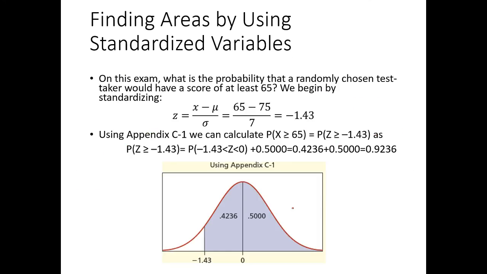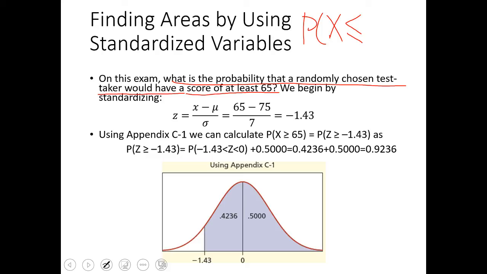Okay. So then the next question is: what is the probability that a randomly chosen test taker would have a score at least 65? So then the probability that a randomly selected exam taker has a score less than 65.